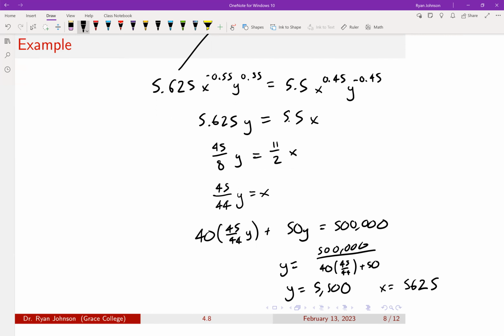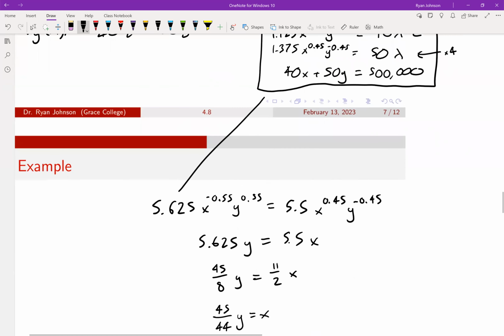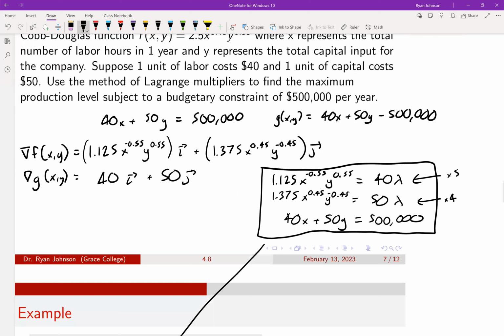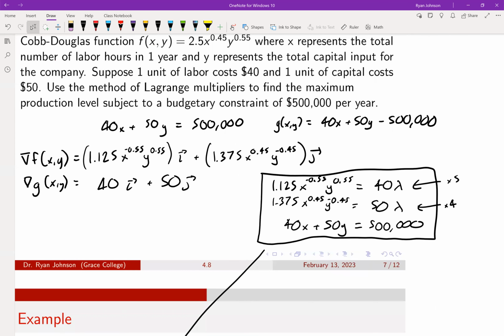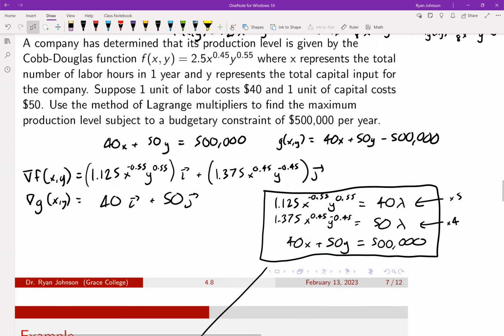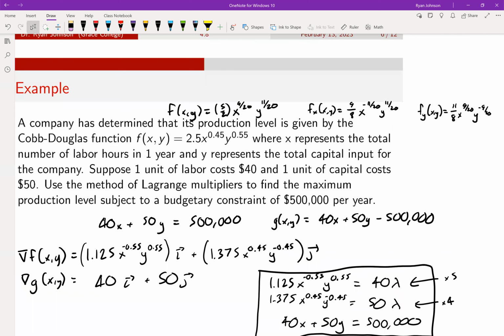Okay, so going back to our equation up here, we're going to take the original f and plug in three points to it.